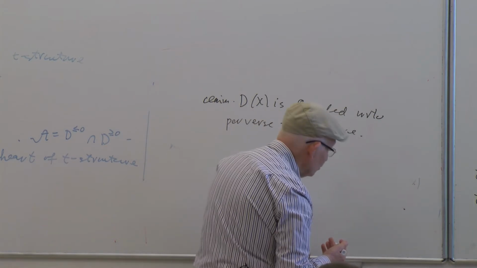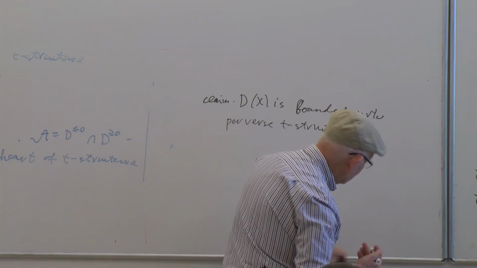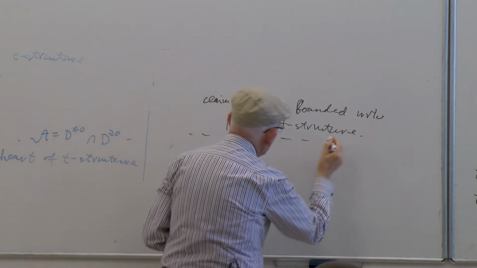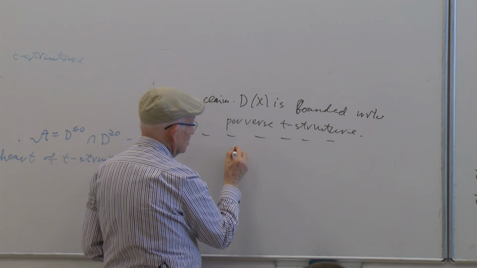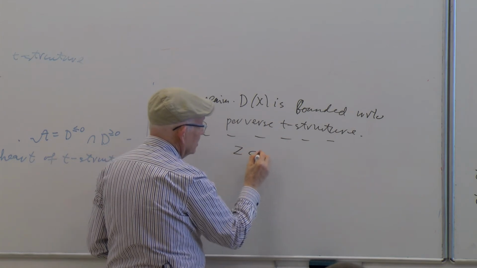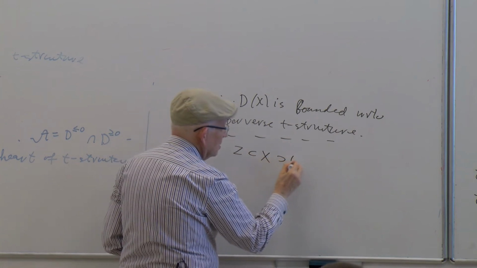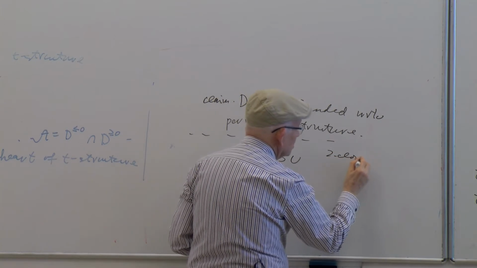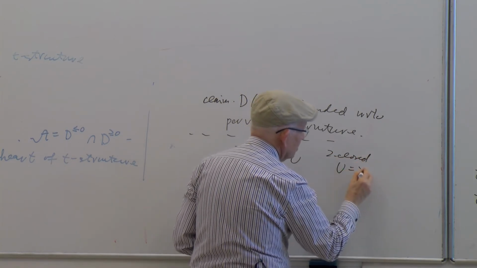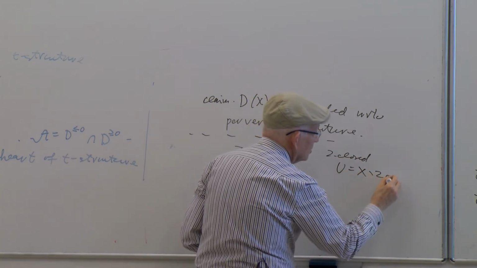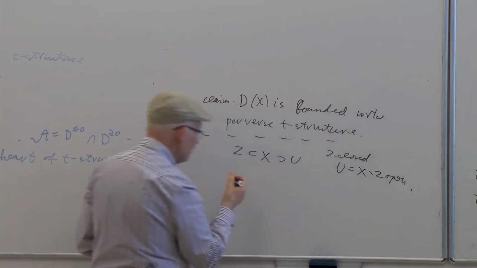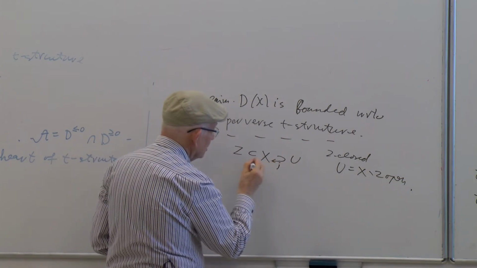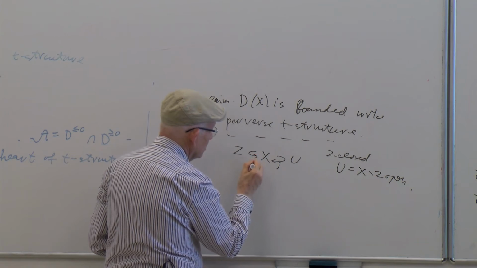Okay, so now I want to describe some geometric properties which we will use all the time, which are related to this standard triangle. So if you have Z, X, and U, where Z is closed and U is open, then I will denote the open inclusion by j, and the closed one by i.